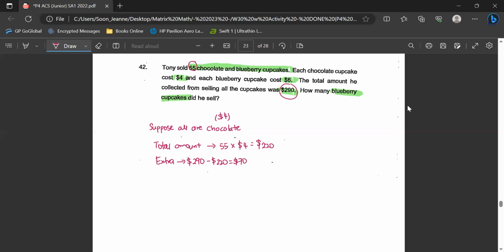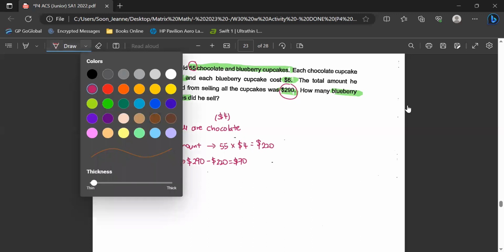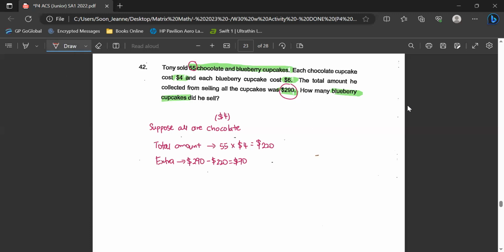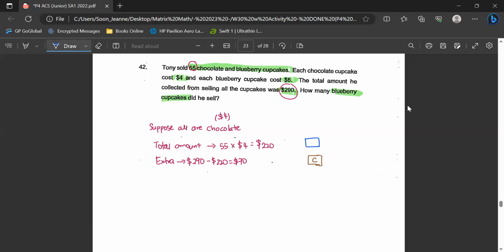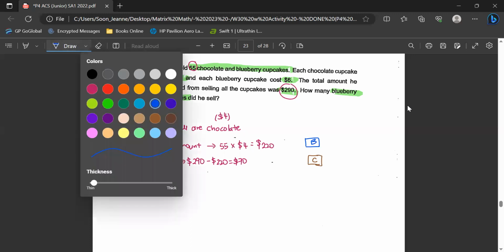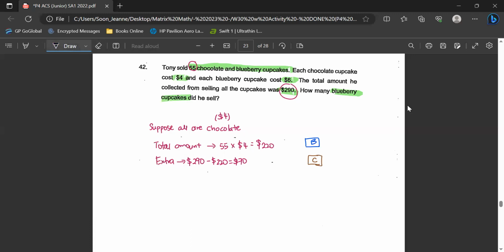Okay, so $70 will be the extra that needs to be added in. Okay, we need another $70 more. So if this one is chocolate, right? I use C for chocolate. Okay, I am going to exchange for a blueberry. So this is blue. So if you can see, a chocolate is actually $4, right? So I'm going to exchange for a blue.